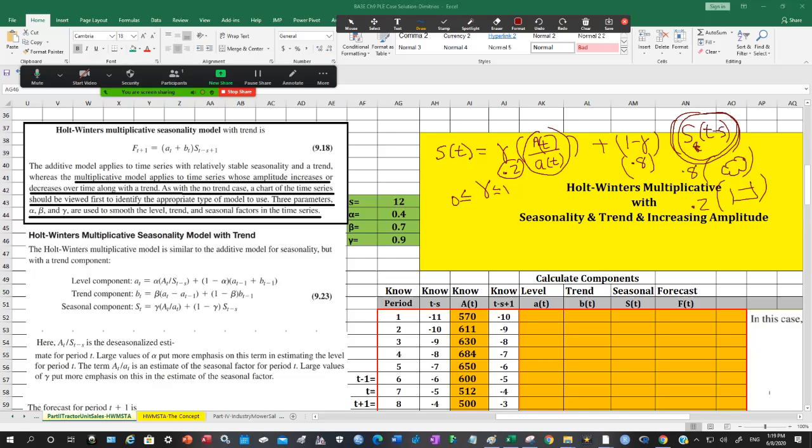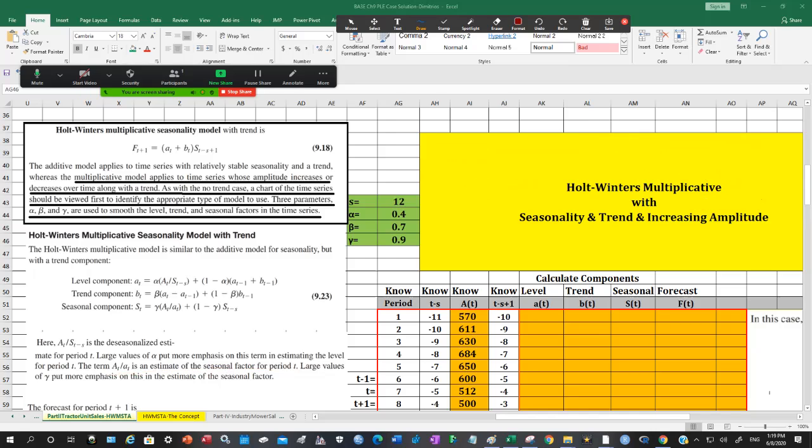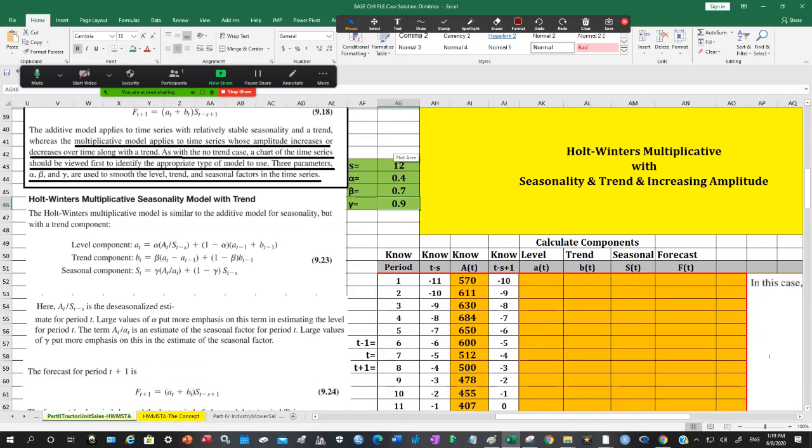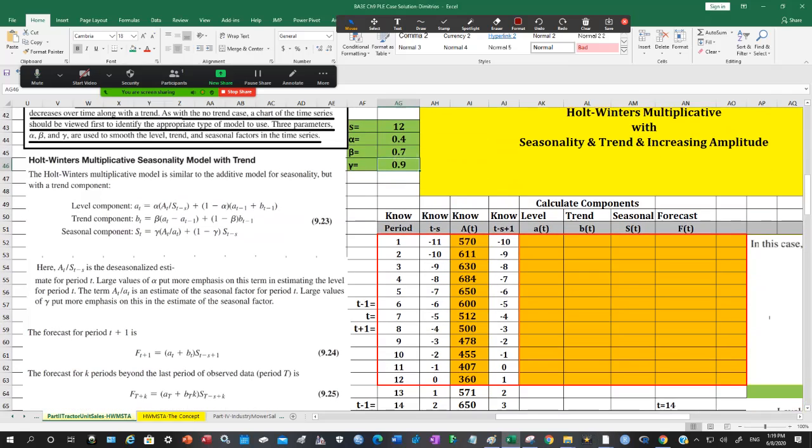Okay, so this term of actuals over the seasonal component is an estimate of the seasonal factor for period t. Let's go over here.